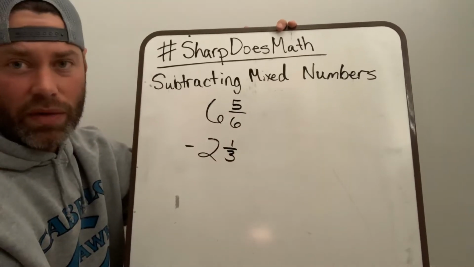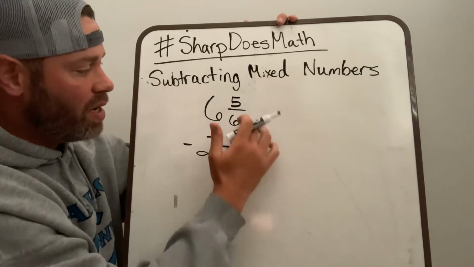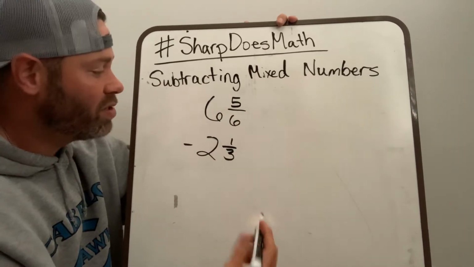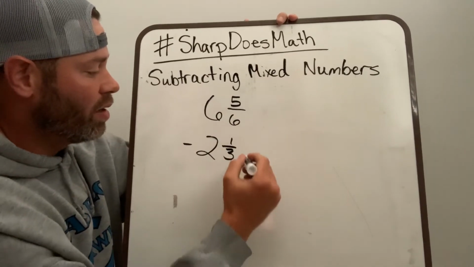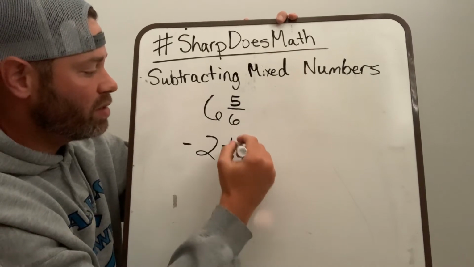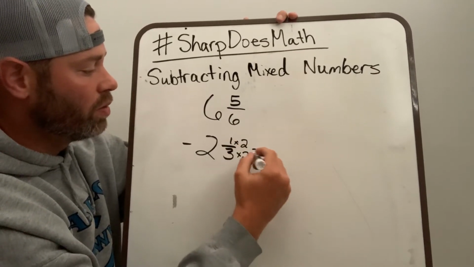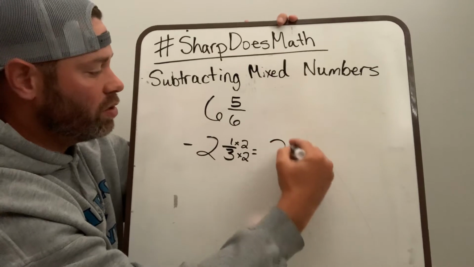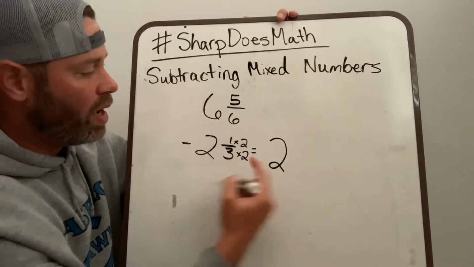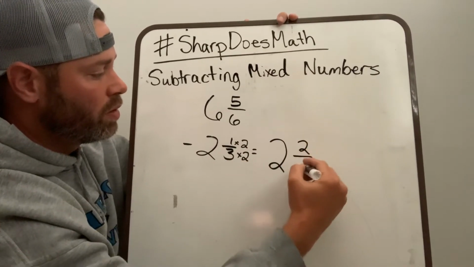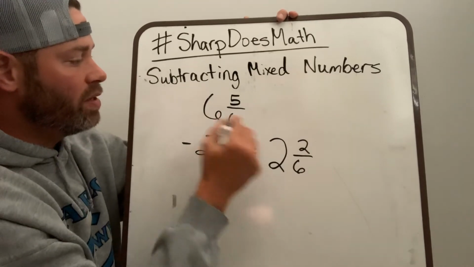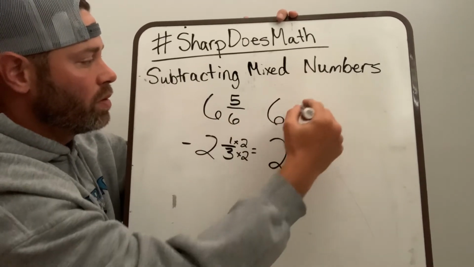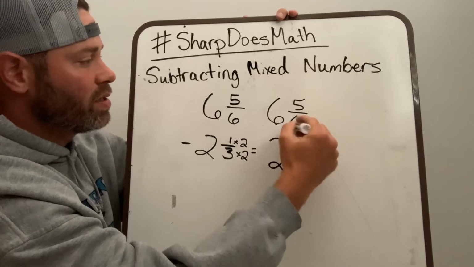Again, first thing, I don't have the same denominator, so I need to change them. I'm going to do that here. I'm going to multiply this fraction by 2, and this will change to 2/6. This can stay the same, 6 and 5/6.